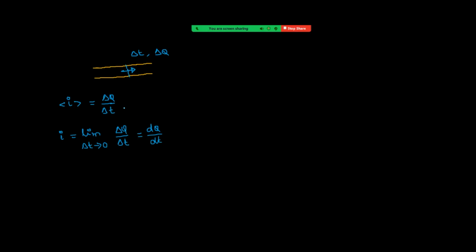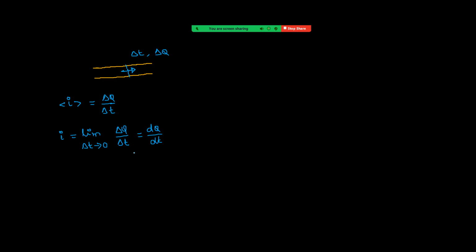If you remember, this kind of language we discussed in kinematics while discussing average velocity and velocity. This is the rate of flow of net charge through a given cross section in a conductor. Now we will see why we are focusing on net charge.